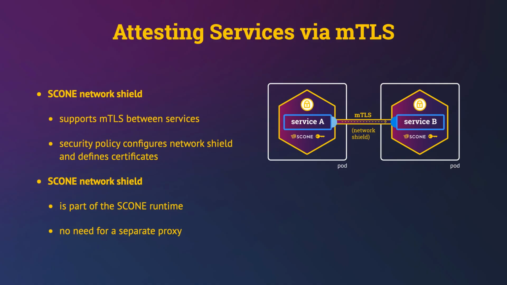And we can make sure that if two services want to communicate with each other, they can only do so if they both satisfy their security policy, and that they got the right client and service certificates to be permitted to talk to each other. We have something that we call a network shield, and that network shield requires certificates, and these certificates and private keys associated with the certificates can only be emitted to a service, here in this case service A and B, in case they satisfy the attestation policy.